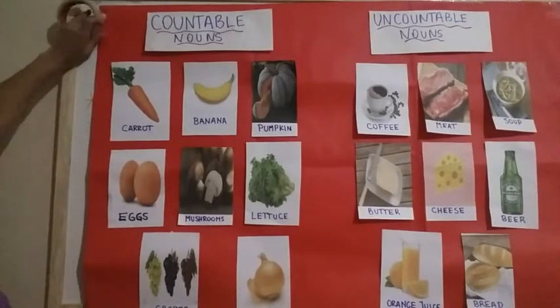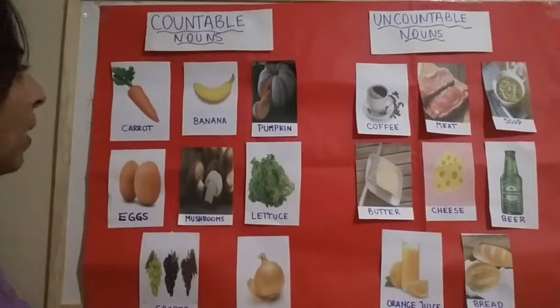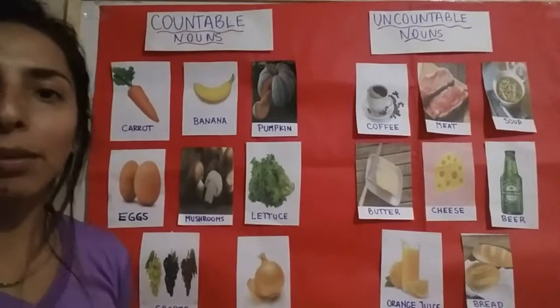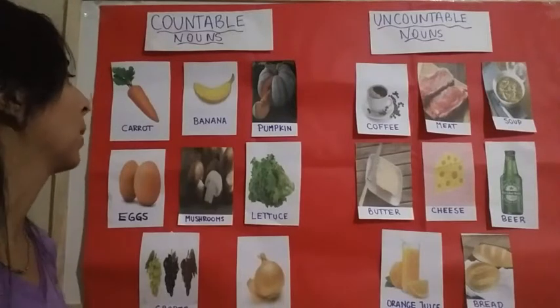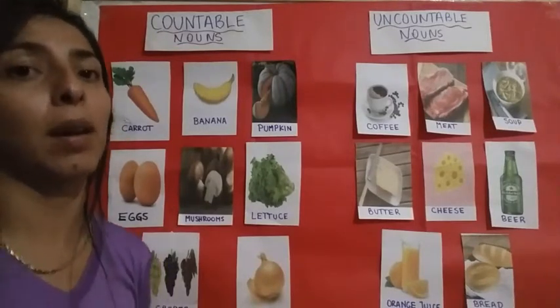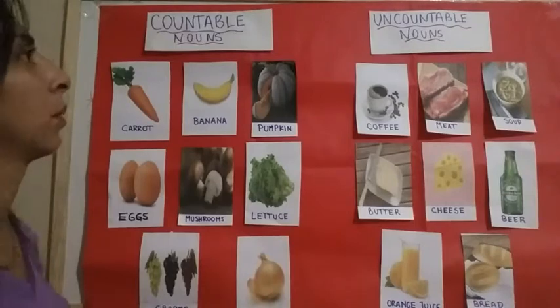All of them are countable nouns, okay? Because we can count with numbers. We can say 1 banana, 2 bananas, 3 bananas, 4 bananas, and so on.